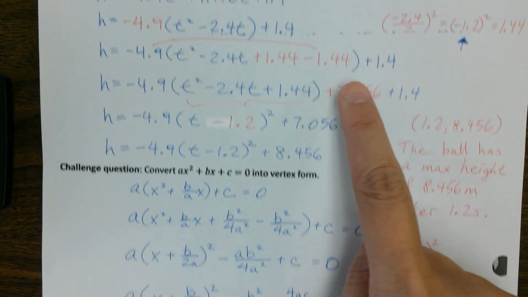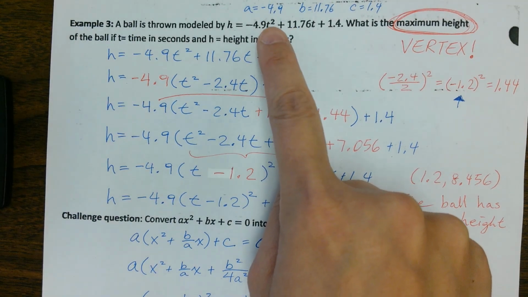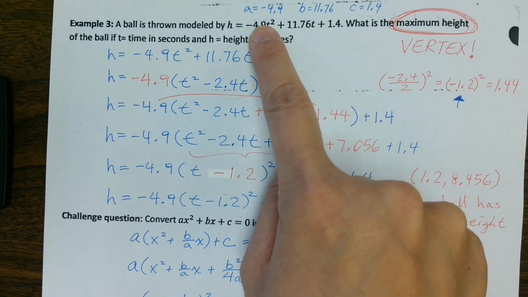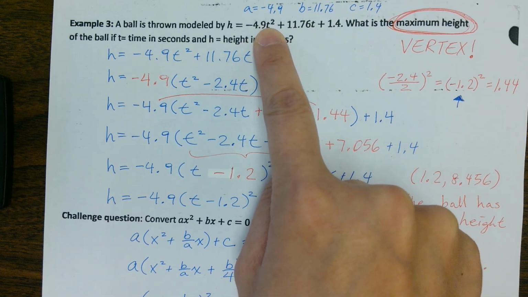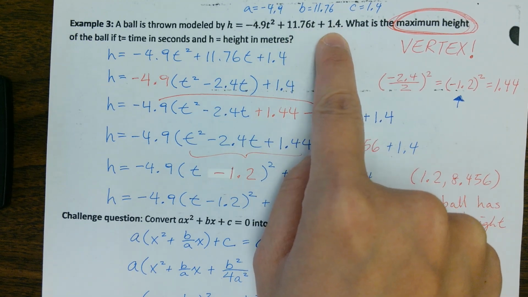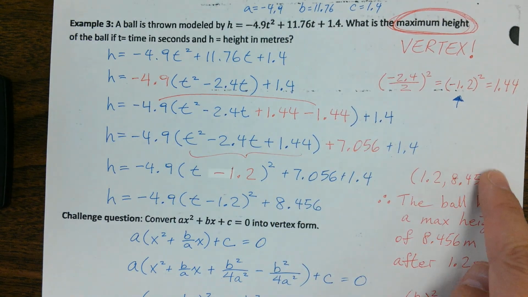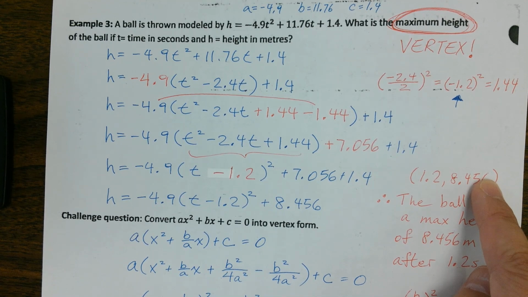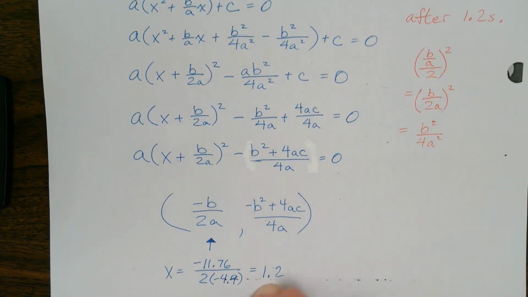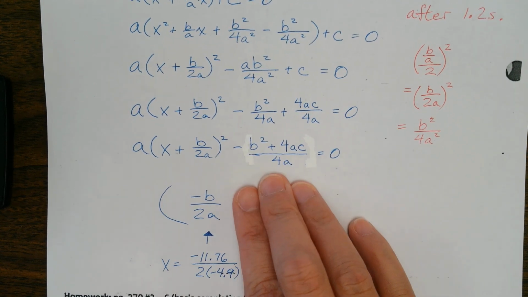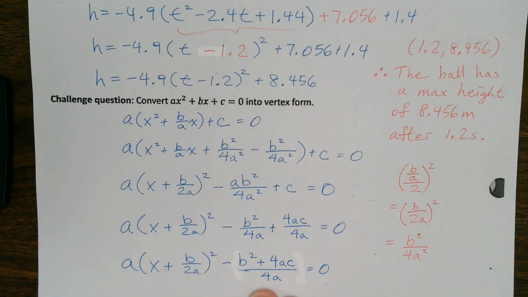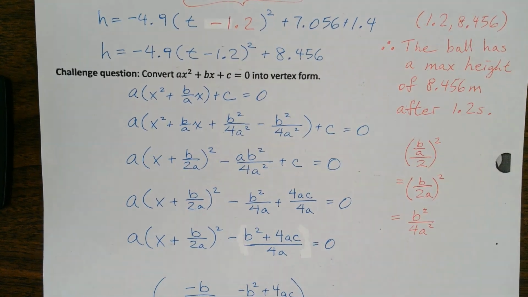Now that I know my vertex is at t equals 1.2, just sub it into this equation: negative 4.9 times 1.2 squared plus 11.76 times 1.2 plus 1.4, and you'll get 8.46. So that's the fast way. Using this formula was the shortcut to finding the vertex.